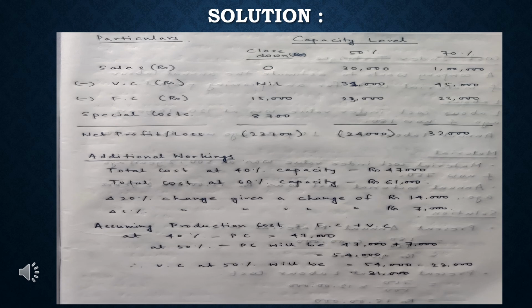And we already know that while the organization is keeping the factory operational, the operational fixed cost is at 23,000. Now if we deduct it from the total cost, we get the variable cost at 50% to be 31,000. Is it clear? If this is clear, let's go back to the 50% calculation.